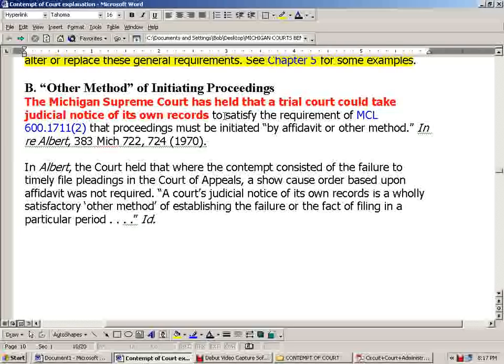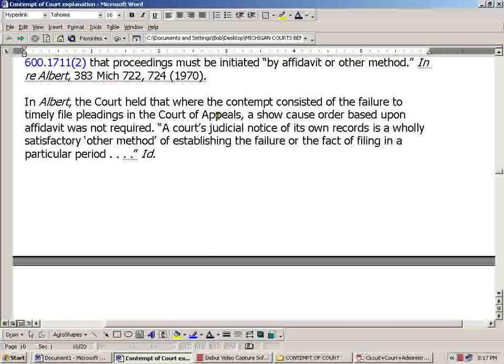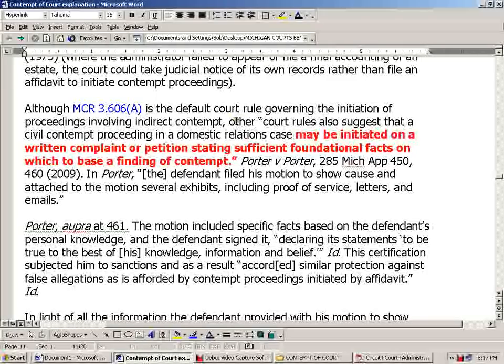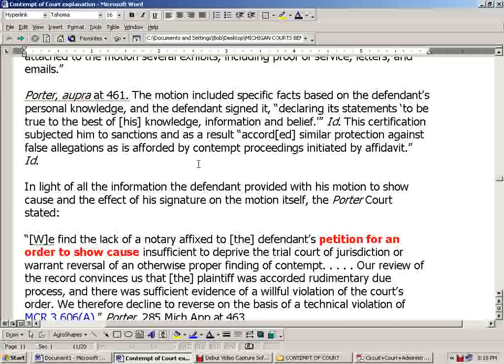You're being charged for a crime, but there's no complainant, there's no sworn complaint. Well, if there's no sworn complaint, but there are complainant witnesses, then the witnesses must be committing perjury because nobody ever put in a complaint. Maybe initiated a non-written complaint or petition stating sufficient foundation of facts on which to base the finding of contempt.